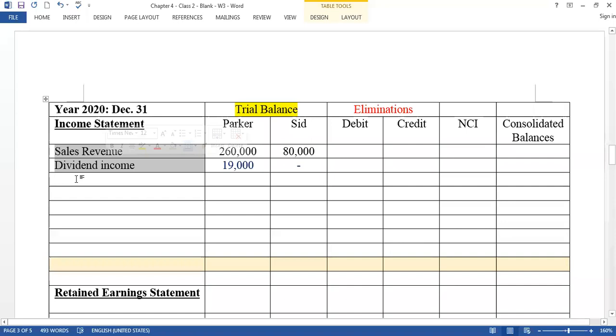Now we can write total revenue. Parent company's revenue is $279,000, and subsidiary company's revenue is $80,000.